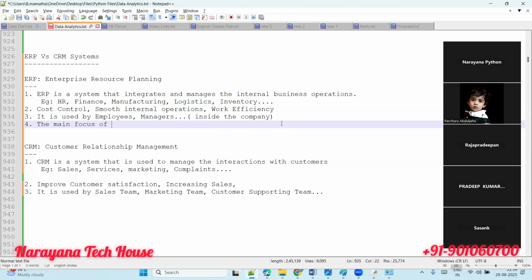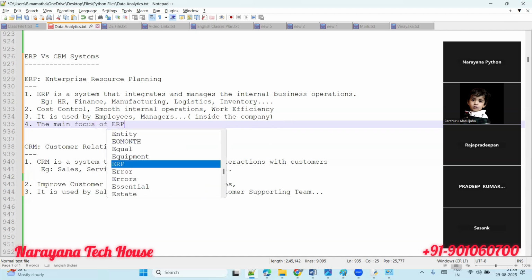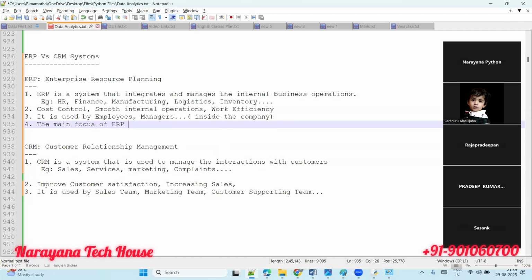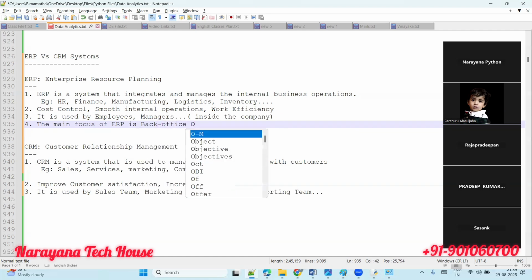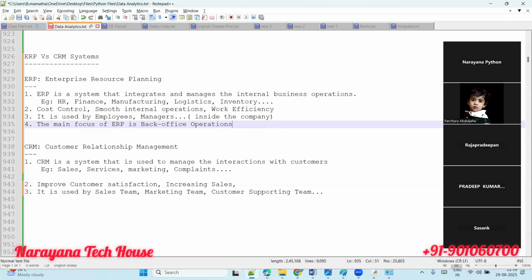The main focus of ERP systems is which operations? Back office operations, guys. Back office, right? And this is called what? Front office, right? Back office and front office, guys.